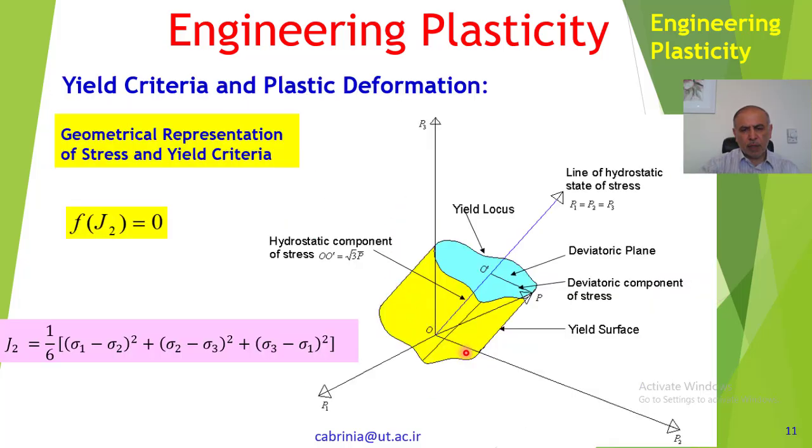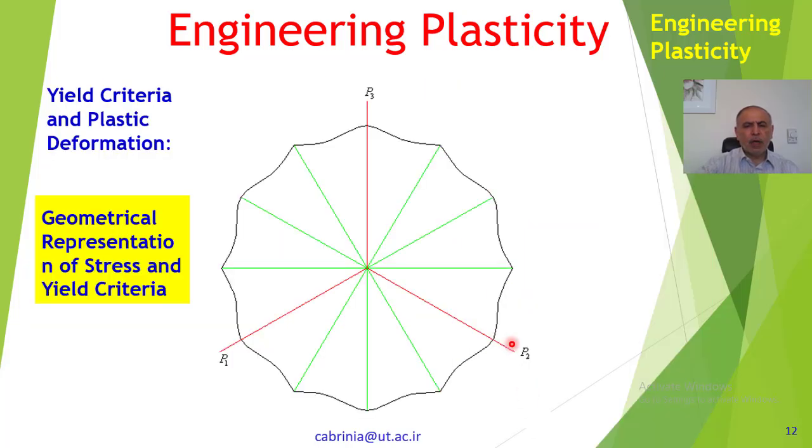It is perpendicular to this line, so all similar planes will be perpendicular to this line. So if we take this plane at the origin, we will have a plane like that.